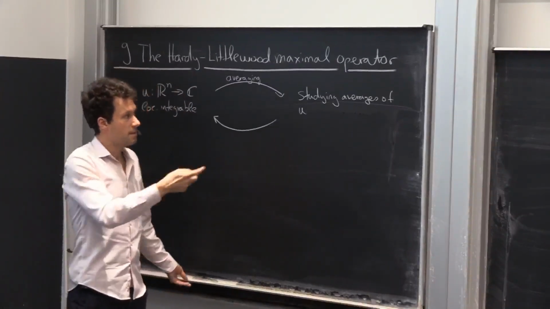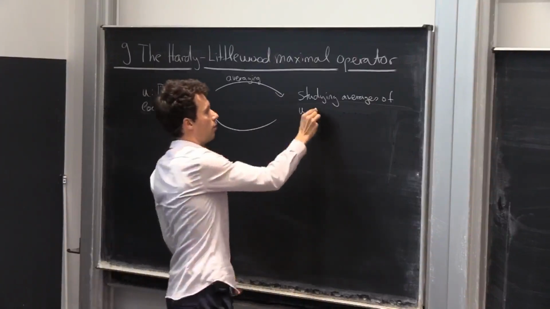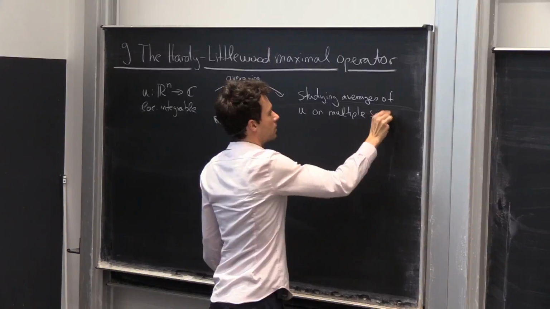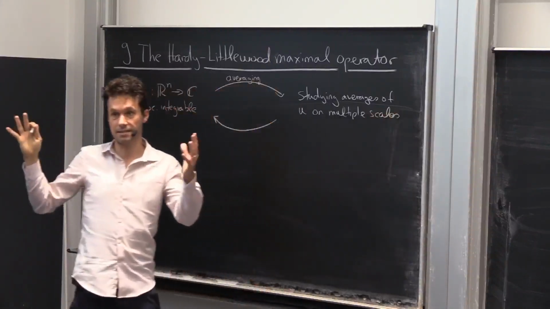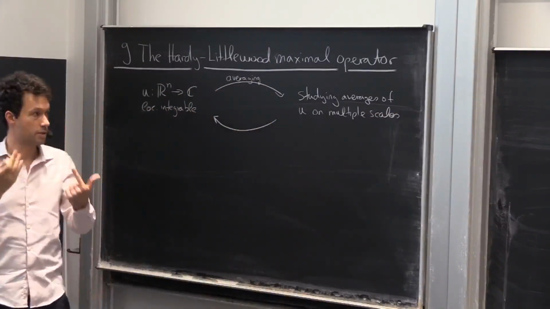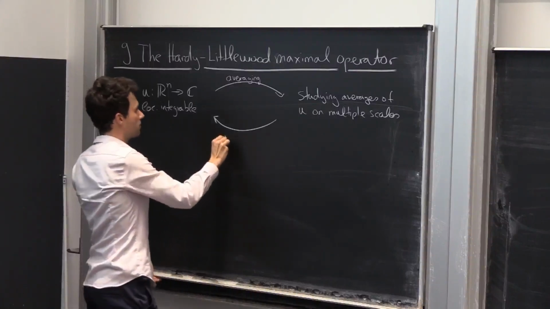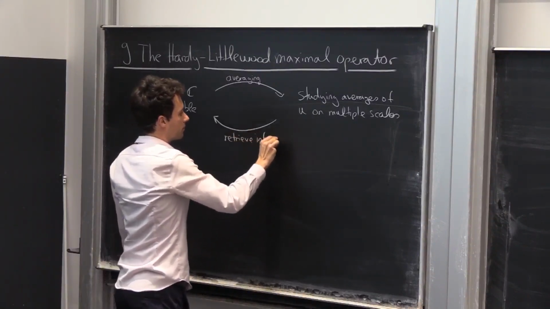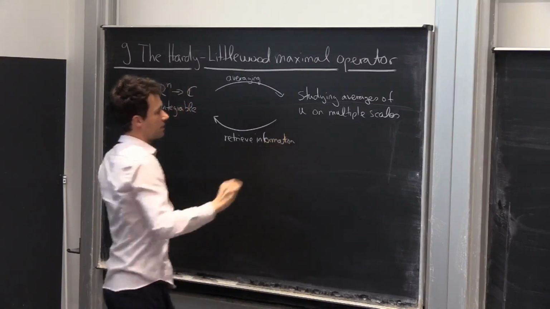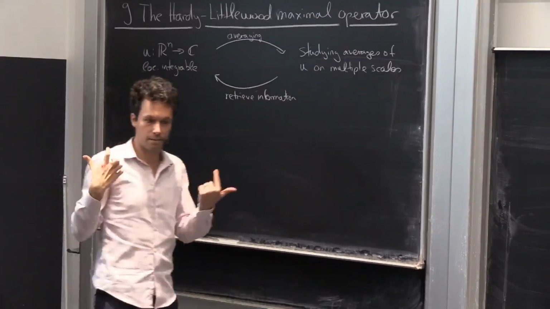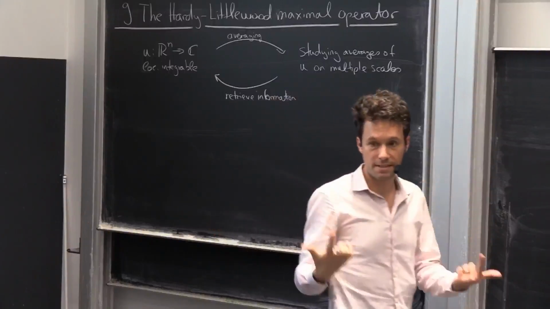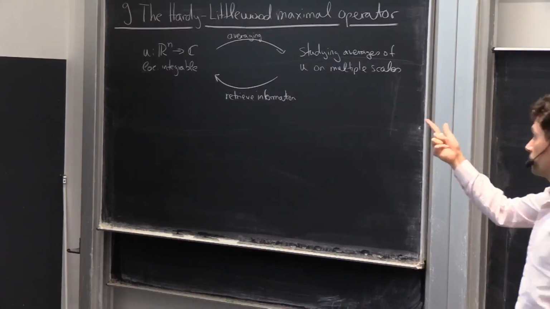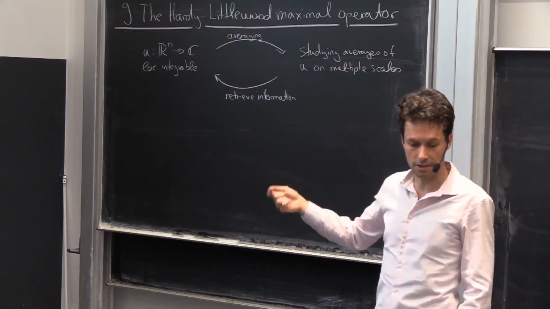But maybe if I study averages of u on multiple scales, in particular letting the scale size shrink to 0, there should be hope that I'm going to retrieve information about u. So that's the general idea, a very basic but important principle in harmonic analysis: to know about functions through the study of averages.